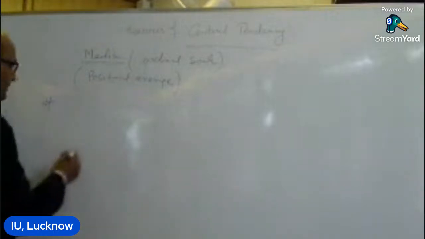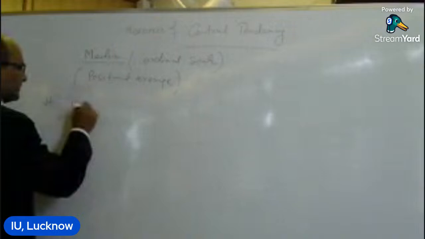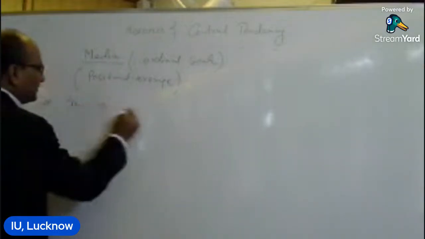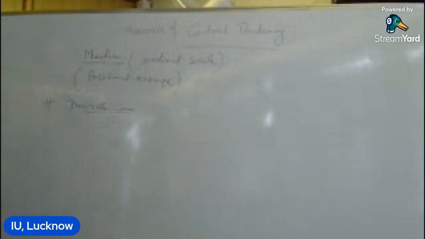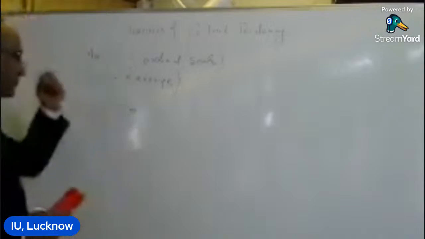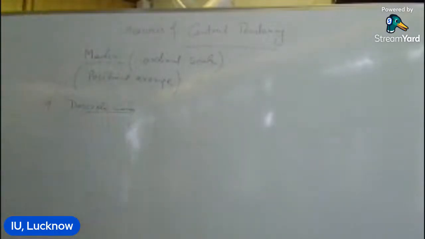So for discrete case, to find the median, we first have to find the position. Actual median is the positional average. So first find the mid position, and then find which value lies on that position. That value will be known as the median.